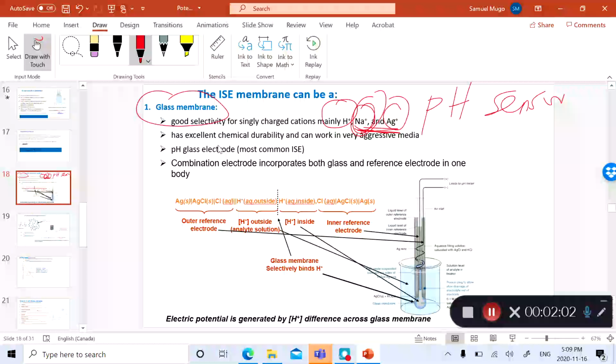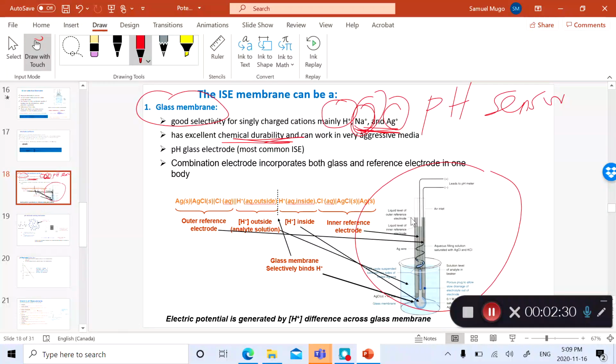Now, one huge advantage of this glass membrane is that it has excellent chemical durability, even in very aggressive types of solvents, so it can be used there. Take note of this: an ion selective electrode made of glass membrane, or a pH sensor, like we said before, has an indicator electrode, and that's what I have here.